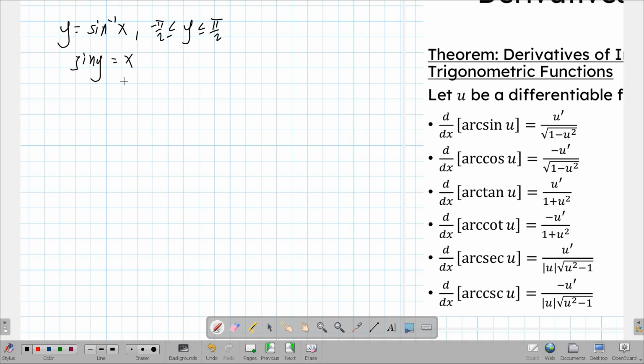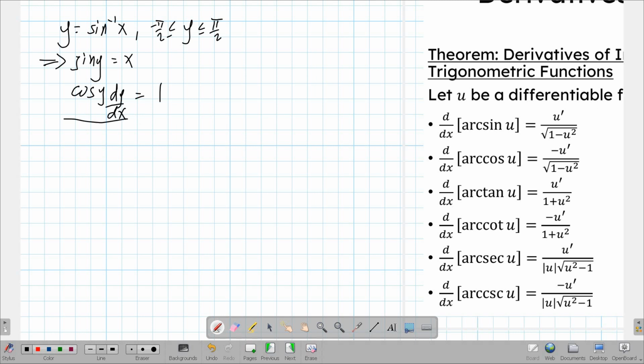So y equals arc sine x means what is x? y is the actual input in the sine function, and x is the trigonometric function value. Now, if we differentiate sine y equals x, this becomes cosine y dy over dx is equal to 1.